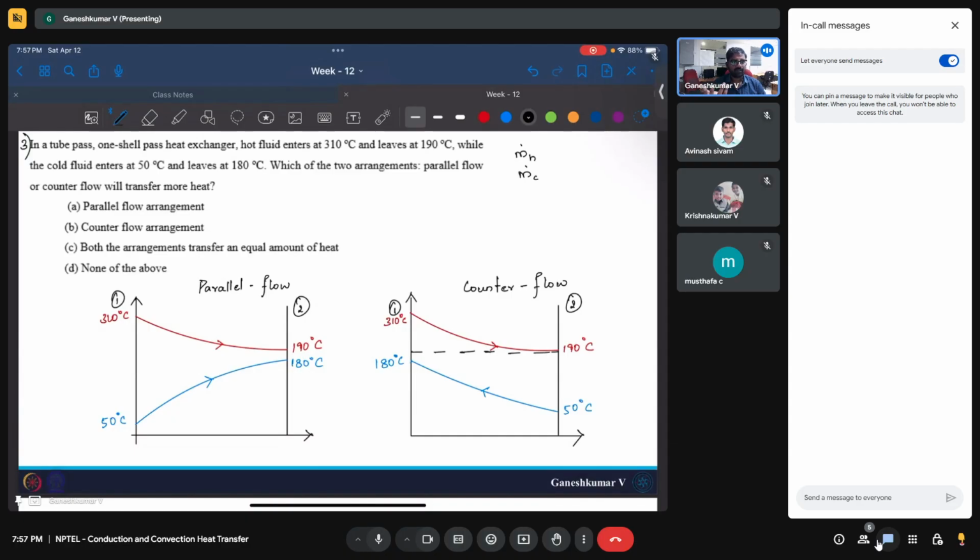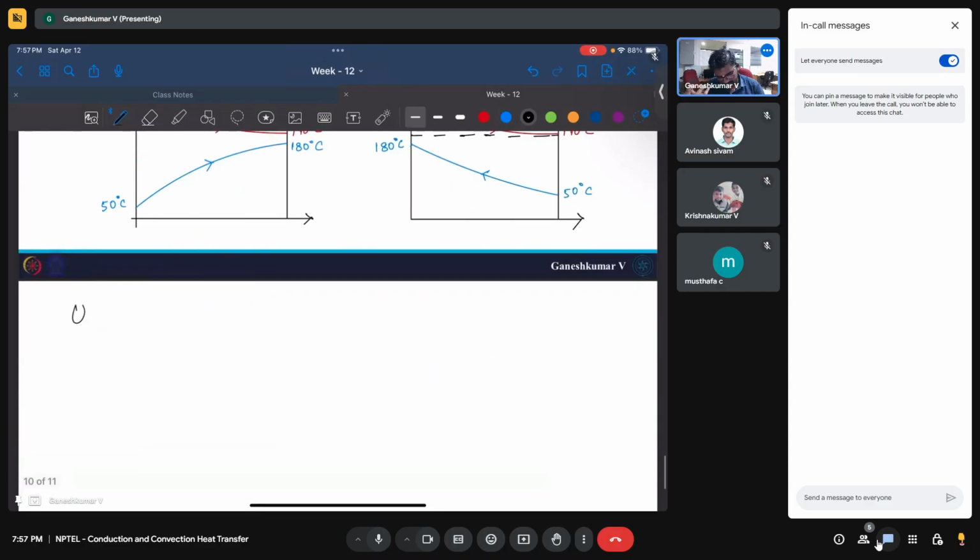So for a given m dot h and m dot c, and of course Ch and Cc, the heat transfer rate is nothing but m dot h Ch times (Th1 minus Th2), or you can also write heat transfer as m dot c Cc times (Tc2 minus Tc1).